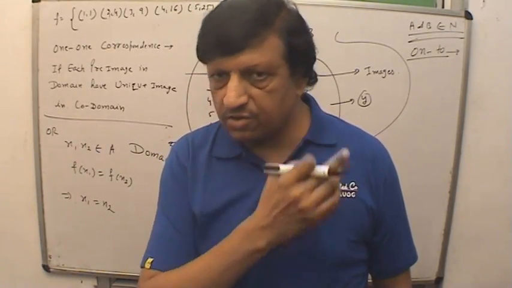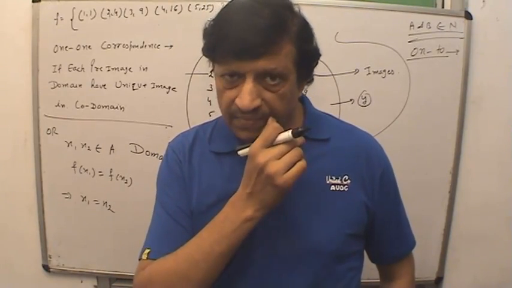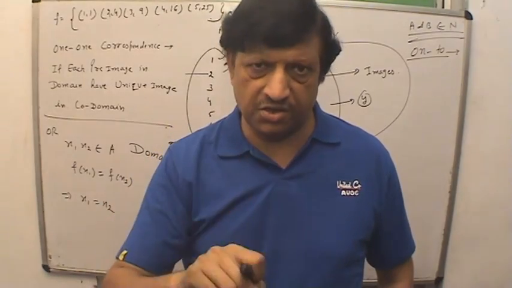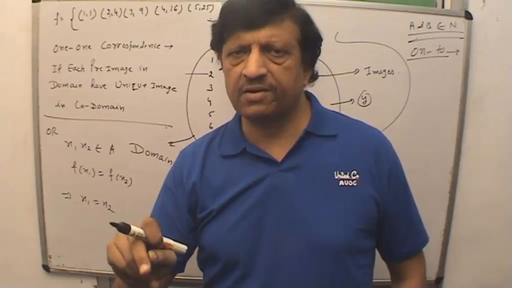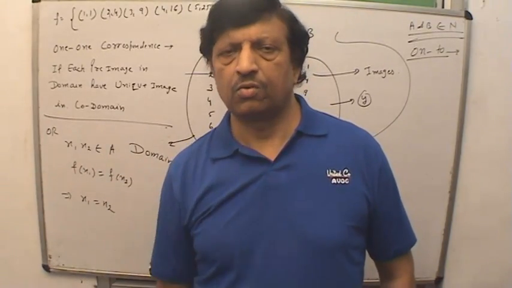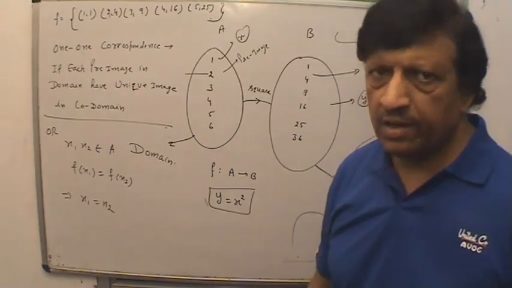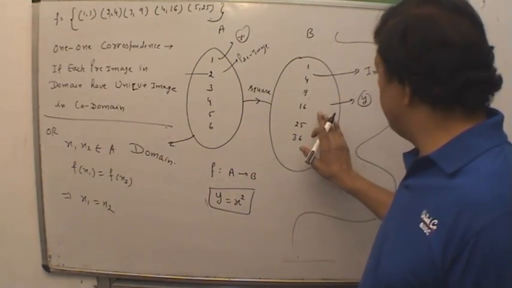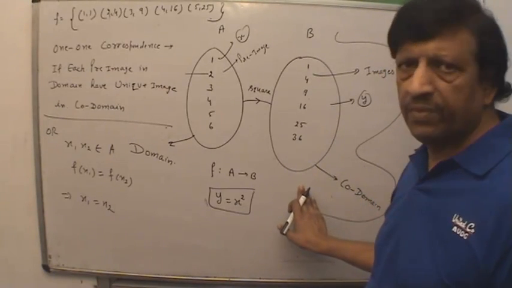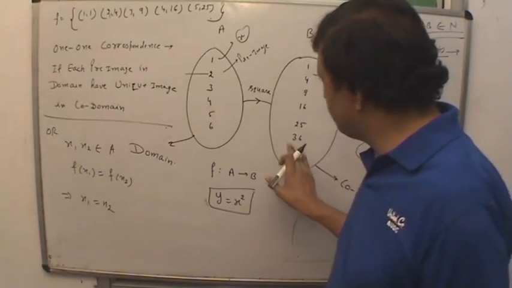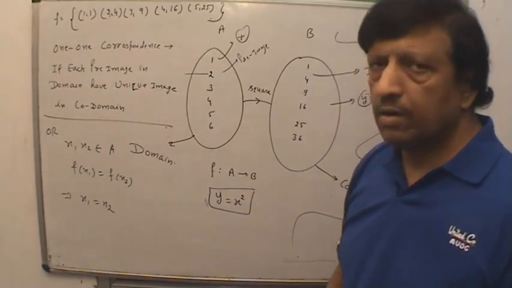If the object is not present, then the image will not exist. Or we can say, if the image exists, it means it has some object in front of it. That object we call the pre-image. Or we can say every image in the codomain must have at least one pre-image in the domain.